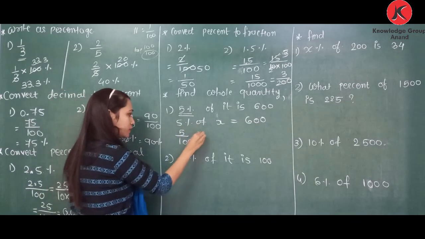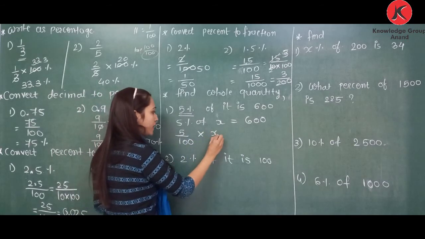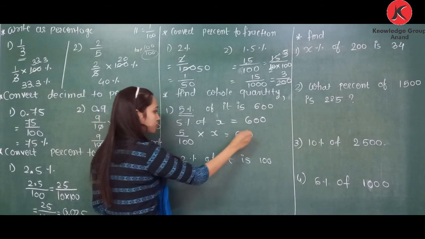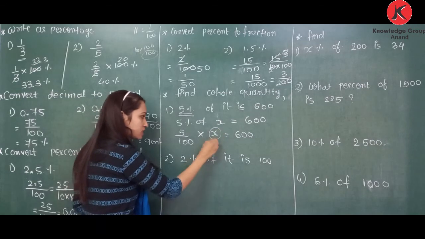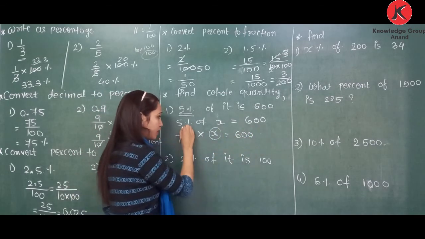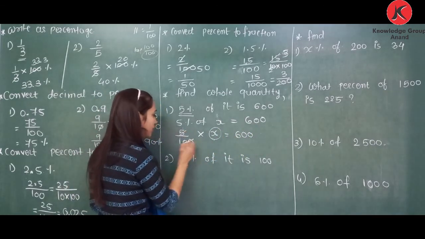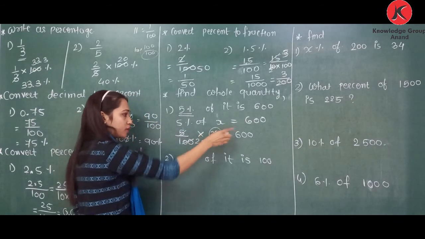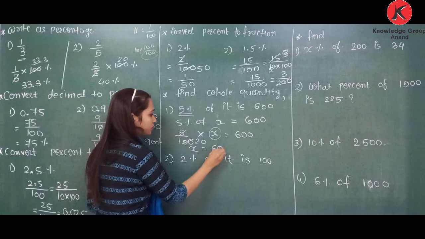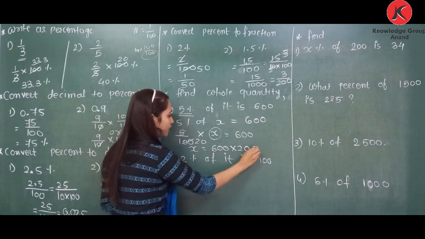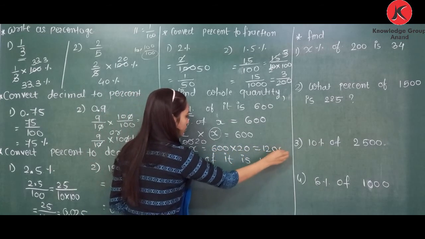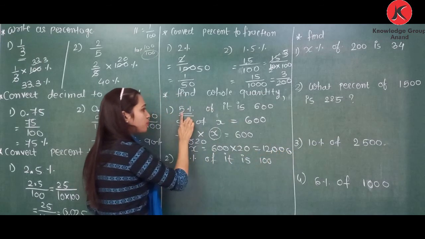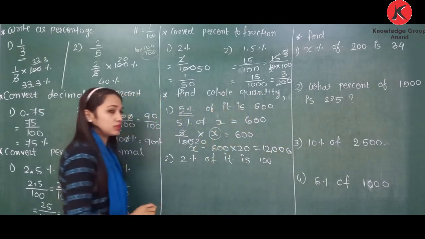So of means multiplication. 5 by 100 times x is equal to 600. We need to find this x, so take this 100 to multiplication and 5 to division. Or you can write 5 times 20 is 100. Now 20 that is in the denominator becomes multiplication. 600 times 20 is 12,000. It means 5% of 12,000 is 600.